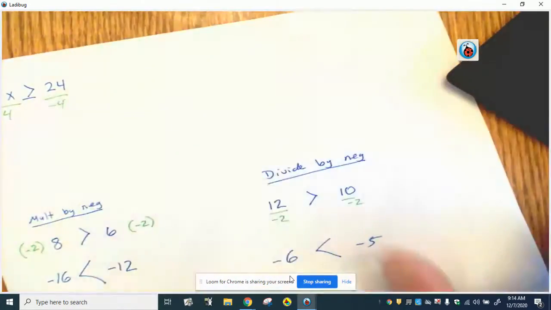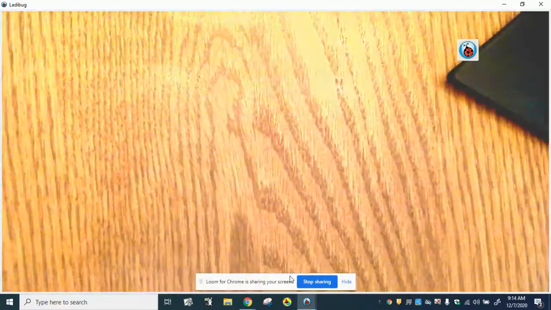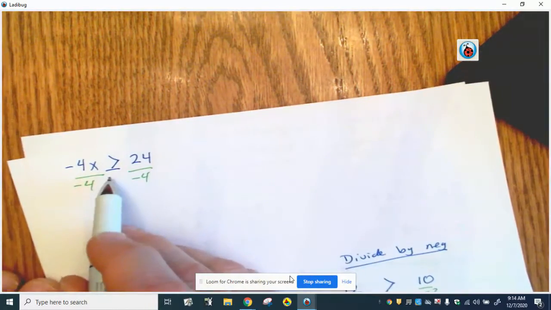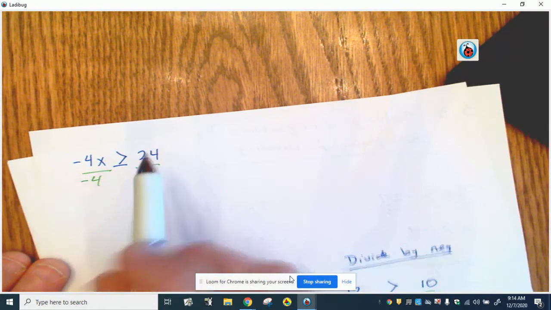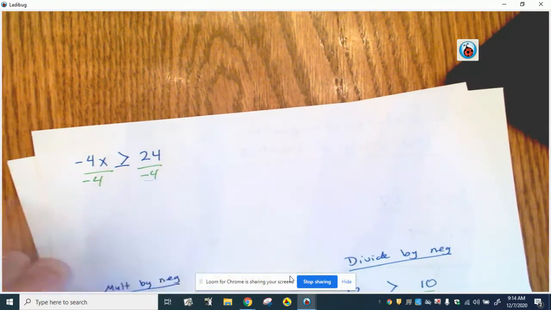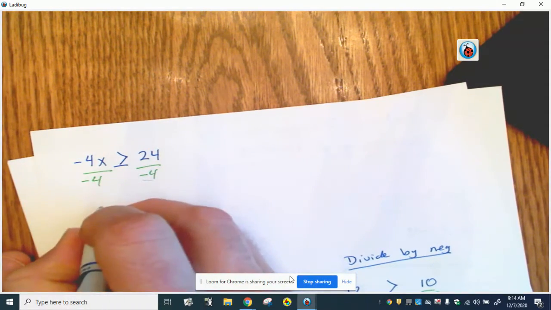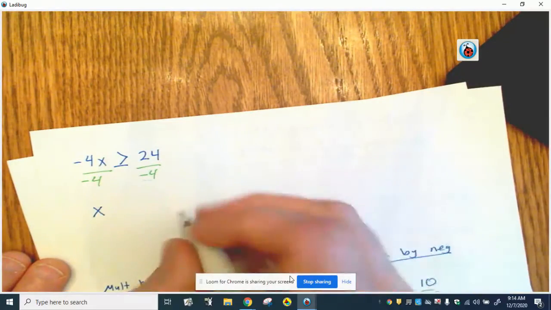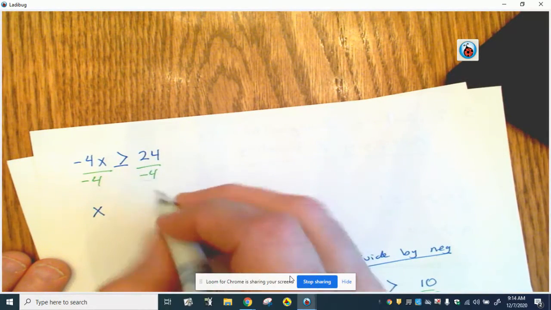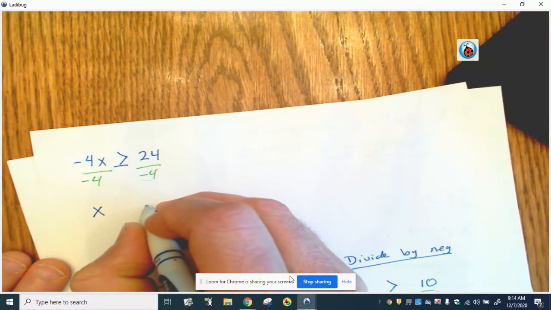So basically, our rule is going to be if we ever multiply or divide an inequality by a negative number. In this case, I'm dividing by a negative 4. Well, when I do that, I just divide normally. 24 divided by negative 4 is going to be negative 6.